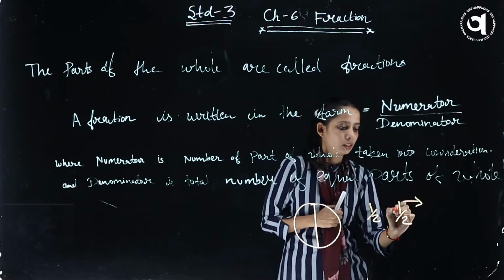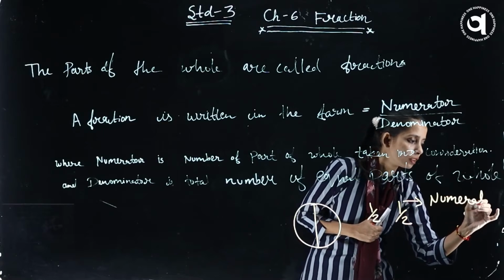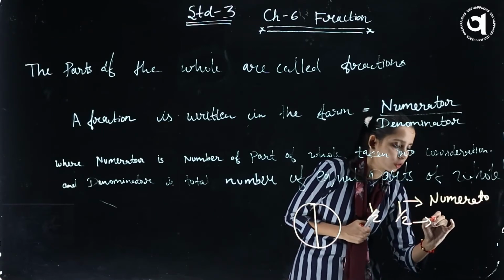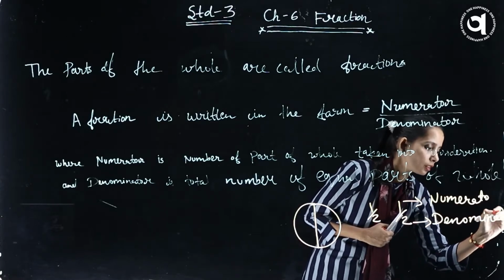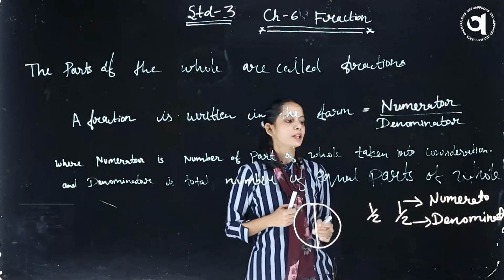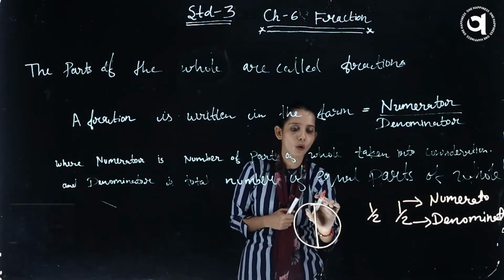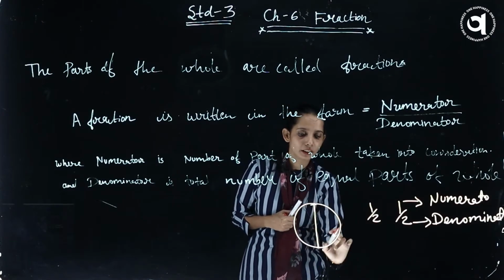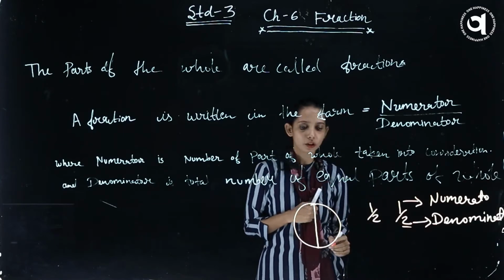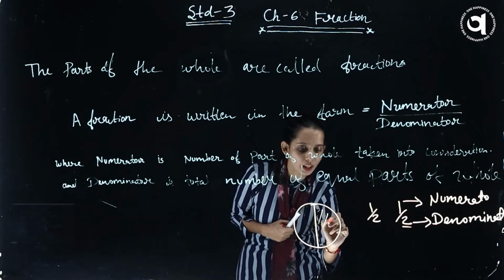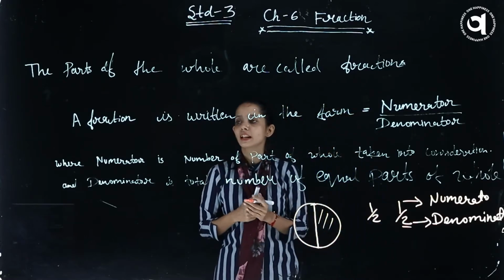Here one is known as the numerator and 2 is known as the denominator, where 1 is representing the half part of the circle and 2 representing the whole part, and we are dividing this whole part into two equal parts. So I have written here 2 and I am considering one part of this, which is 1, and I represent it as the numerator.